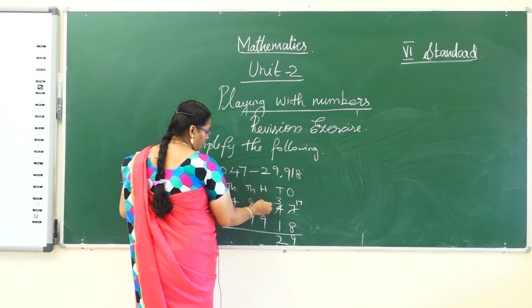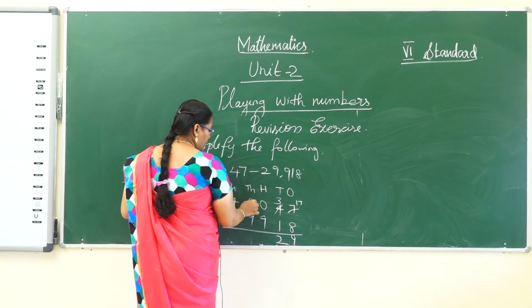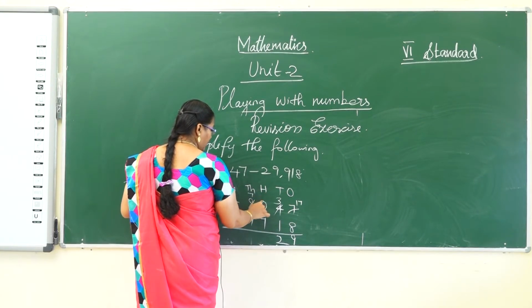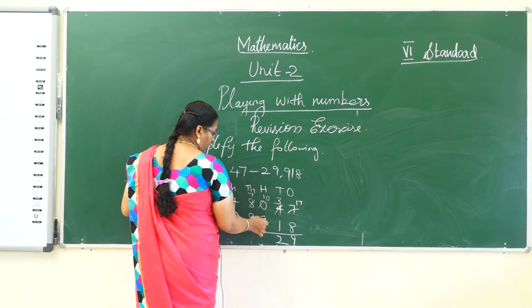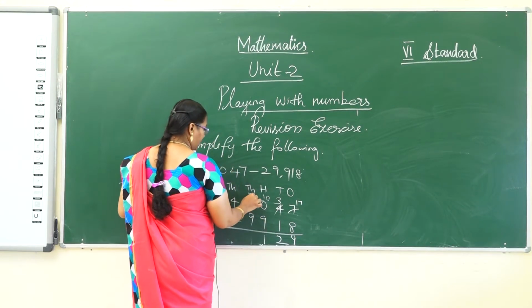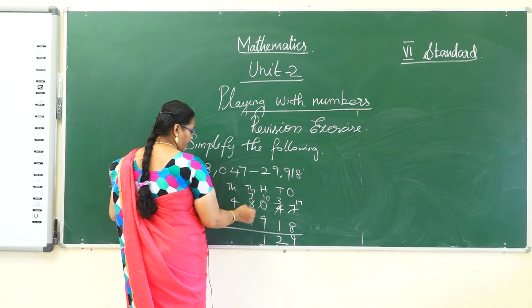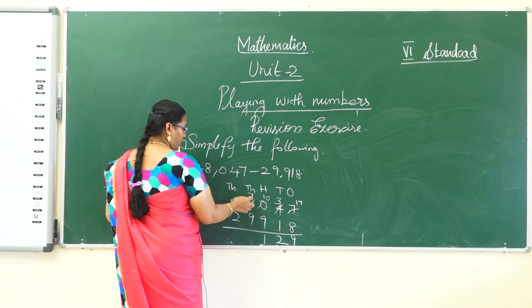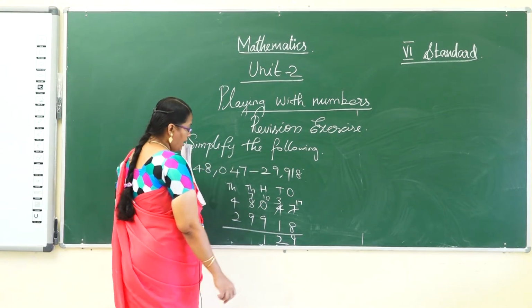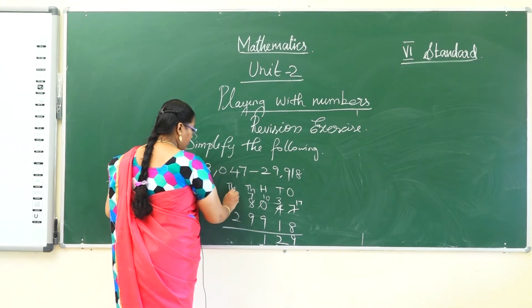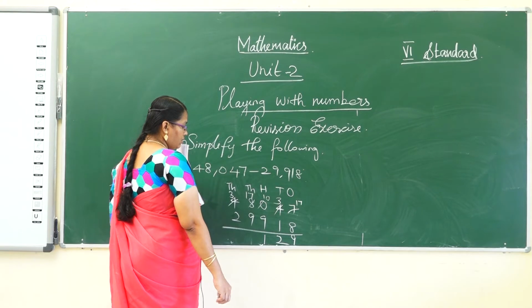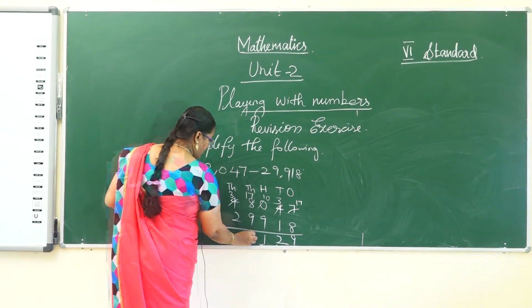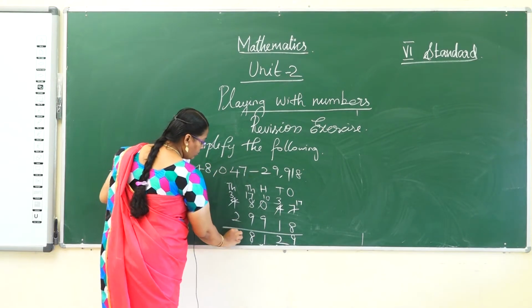Hundreds not possible, so borrow from thousands: here 7, here 10. 10 minus 9, 1. Then 7 minus 9 is not possible, so borrow, making 17. 17 minus 9, 8. And then 3 minus 2, 1.